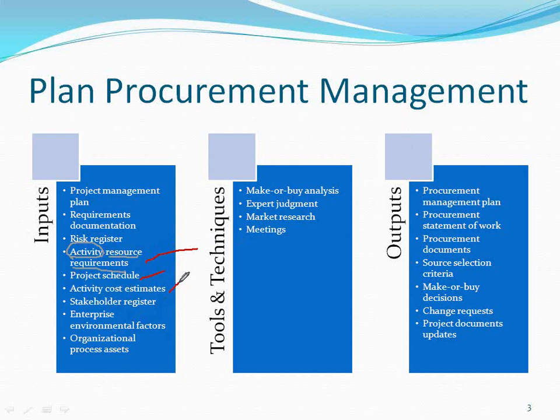And of course, EEF and OPA. EEF are general listings outside the project, like what multi-supplier systems you have in the organization, and what is the availability of suppliers outside. You decided to buy outside, but a supplier should be there to supply, right? You decided to buy a famous Indian sweet in the US.